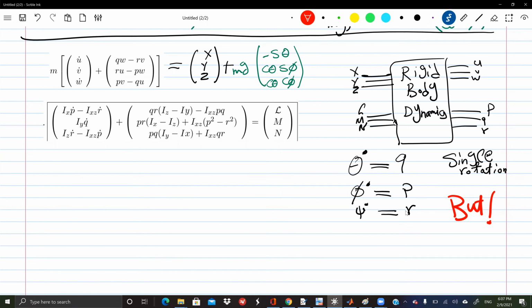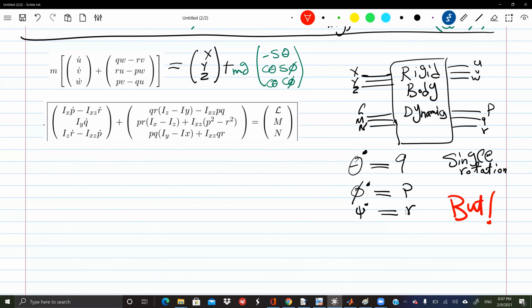If it's combined rotations, the 3 together as usual, then this becomes not trivial, and we need to derive this relation. So the 3 missing relations are between the rates of change of phi, theta, psi and P, Q, R. They are supposed to be trivial relations like this, but they are not because they are combined rotations. Simply, they are about different axes.